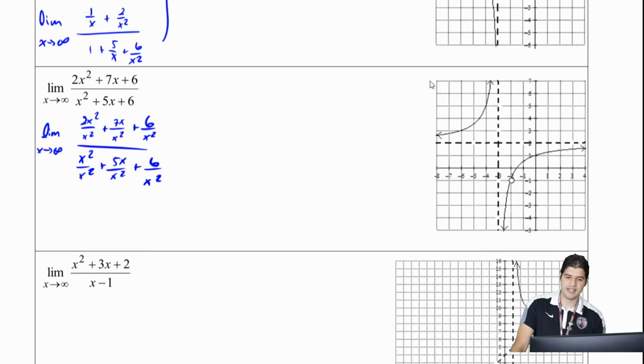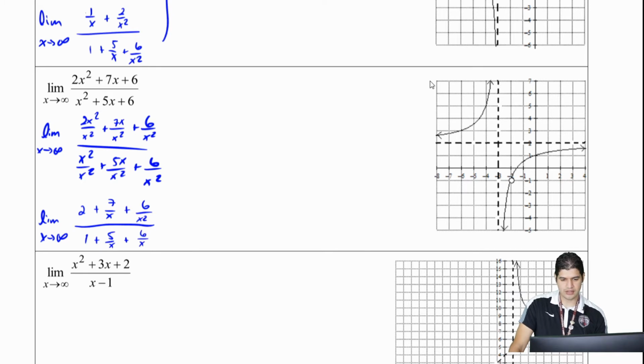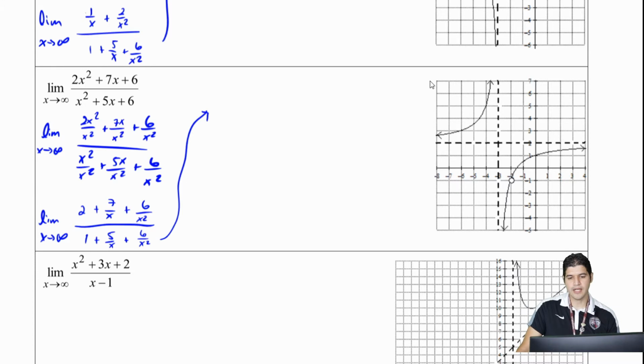Let's simplify this. So the limit as x approaches infinity, and 2x squared over x squared, that gets me 2 plus 7 over x plus 6 over x squared, all over 1 plus 5 over x plus 6 over x squared.